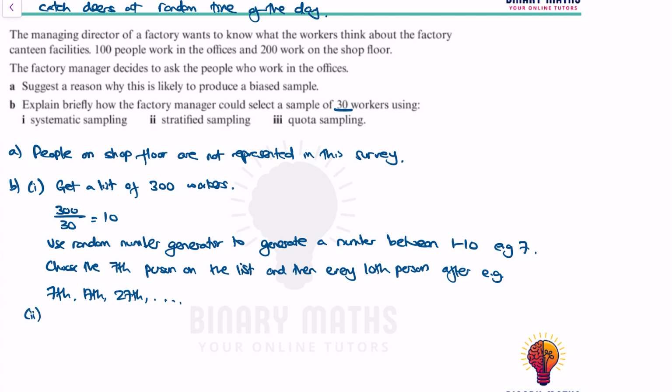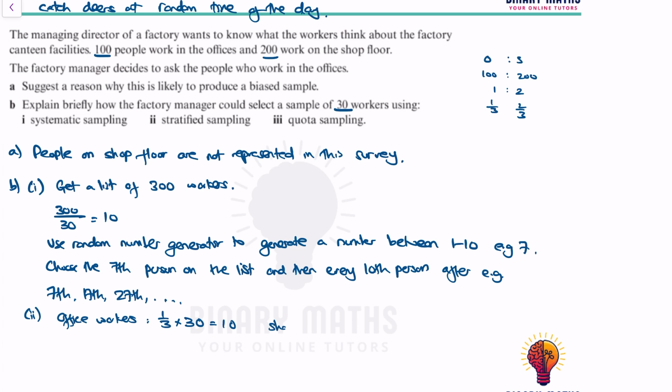Part 2, a stratified sample. So that means 100 to 200. So office to shop floor, the ratio is 100 to 200, which is 1 to 2, which is 1/3 to 2/3. So office workers is equal to 1/3 times 30, which is equal to 10.